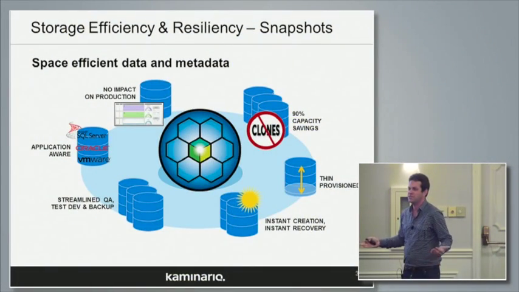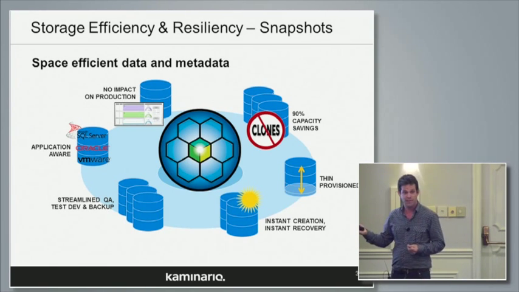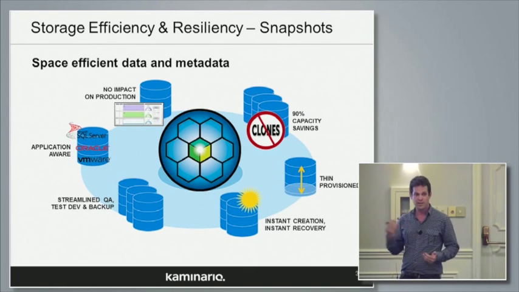Snapshots. Our snapshots are space efficient, both for the data and the metadata. When you have deduplication, you can say, okay, for doing snapshots, and this is what some other vendors are doing, I can just replicate the metadata and take advantage of the deduplication to not duplicate the data. We believe it's not the right approach.